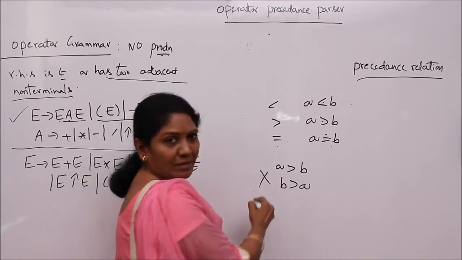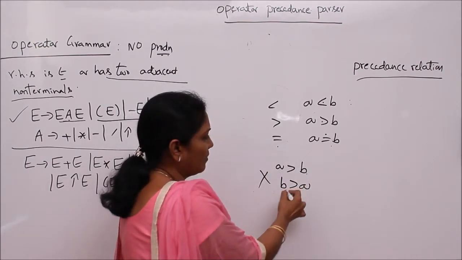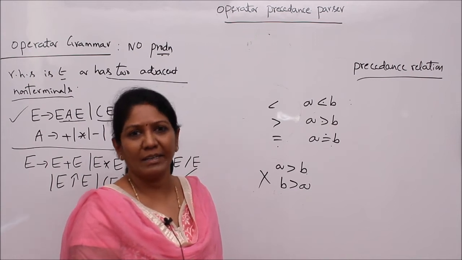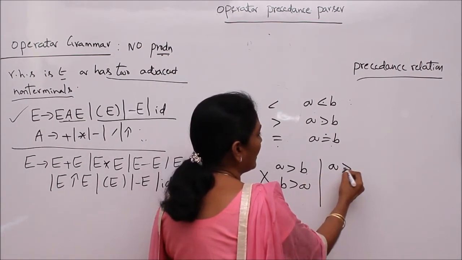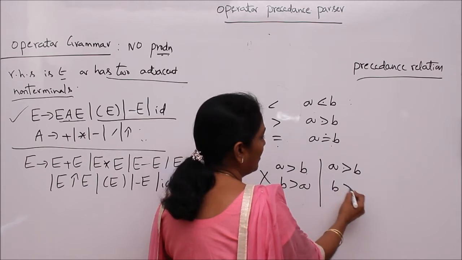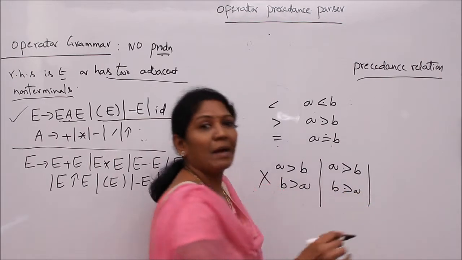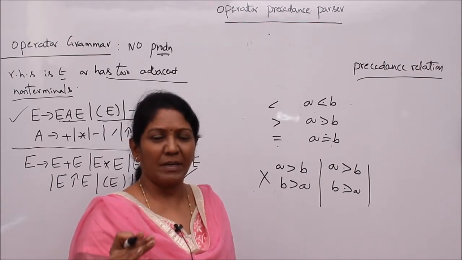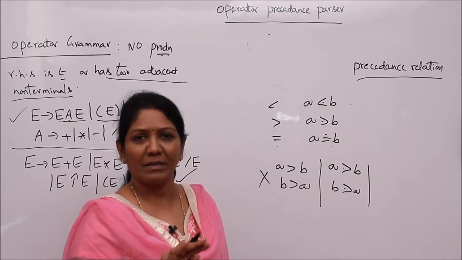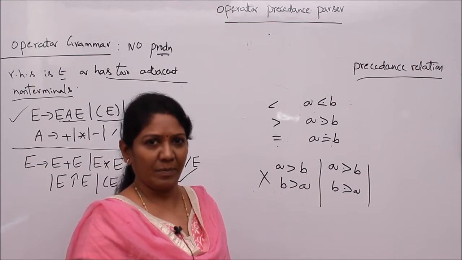This will never happen, isn't it? When A is greater than B, naturally B can never be greater than A. But with precedence relation operators, you can have A greater than B and B greater than A. Both may happen at the same time. That's why precedence relation operators are different from relational operators.